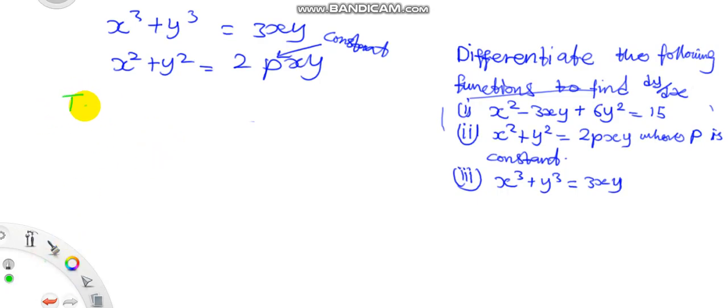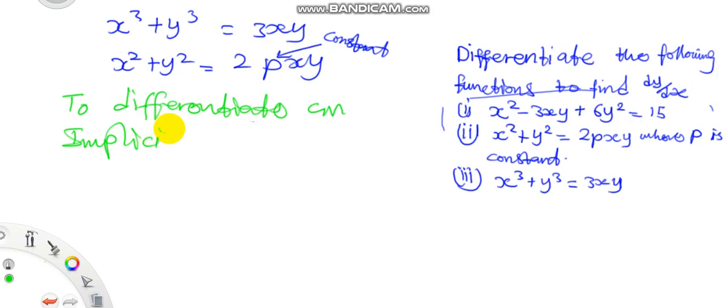To differentiate an implicit function, we follow these steps. Step 1, we differentiate the function term by term.